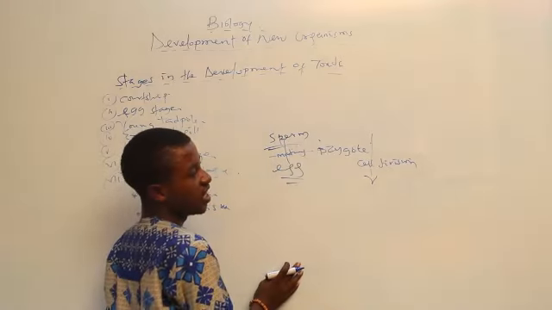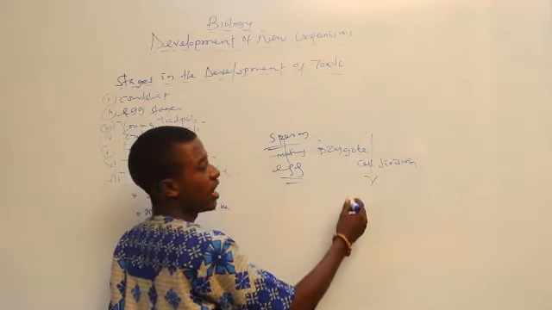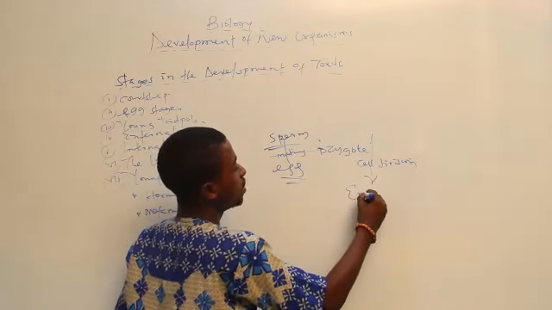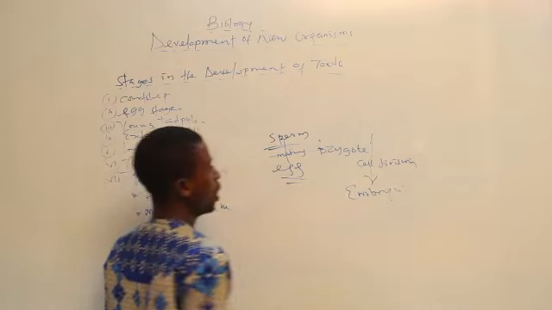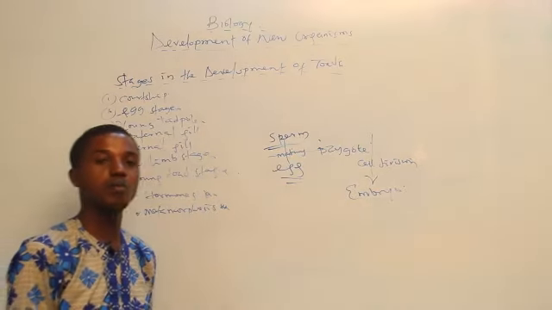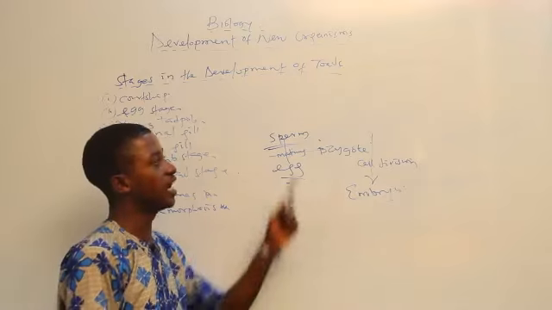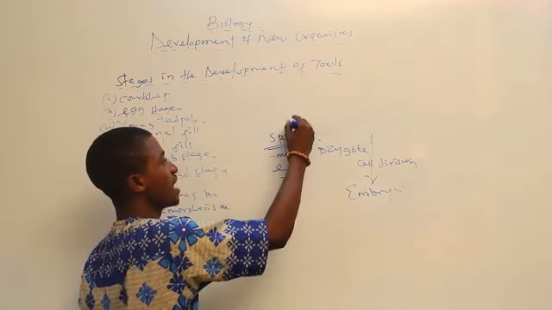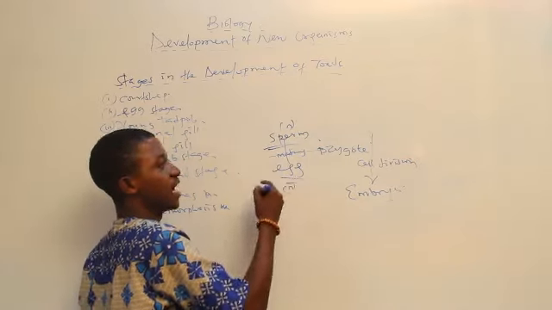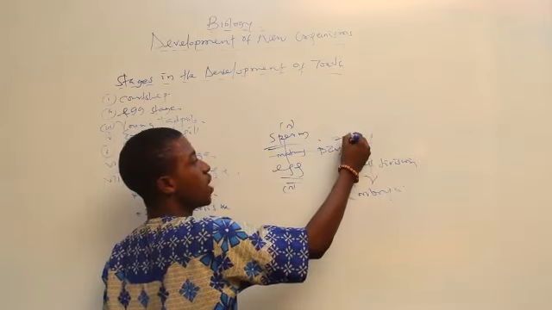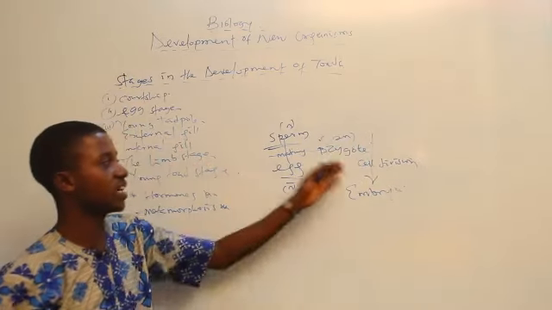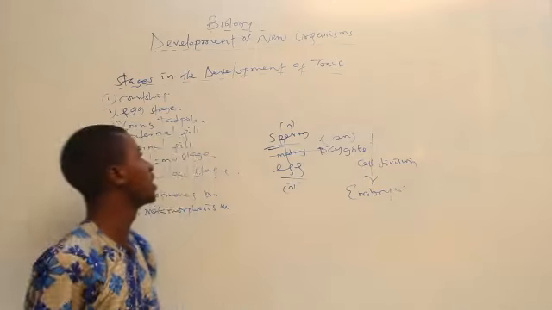The zygote will undergo cell division and it will form what we call the embryo. Remember this stage: the sperm comes from the male, the egg comes from the female, both of them mate and fuse together, they form the zygote. The sperm is N haploid, the egg is N haploid, the zygote is 2N, N plus N, 2N. The zygote undergoes cell division and it forms the embryo.